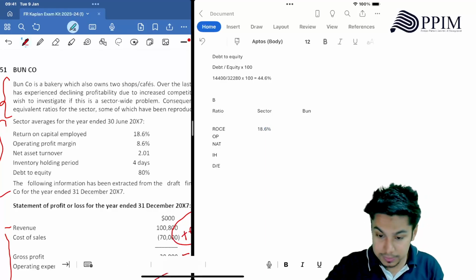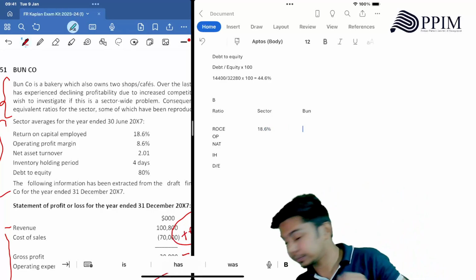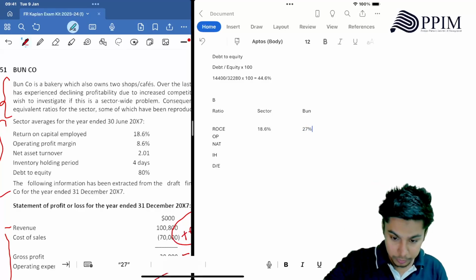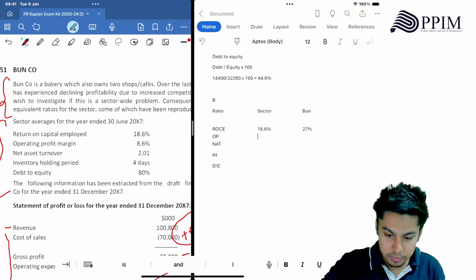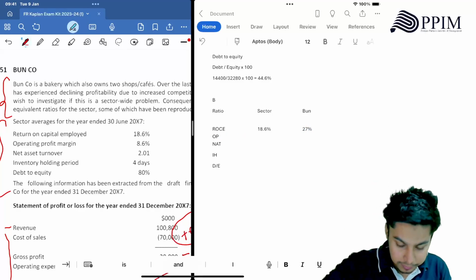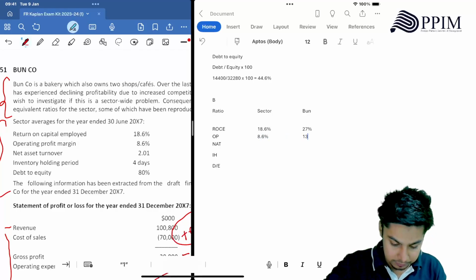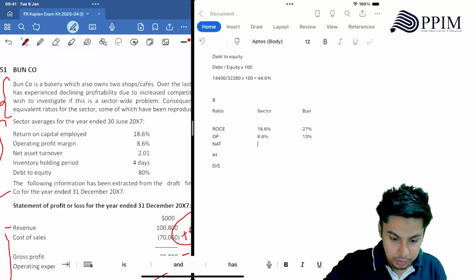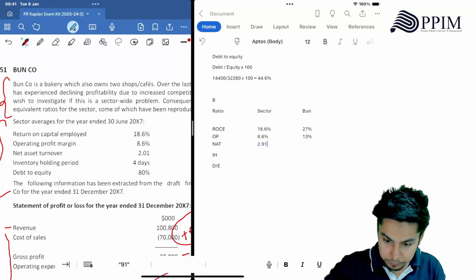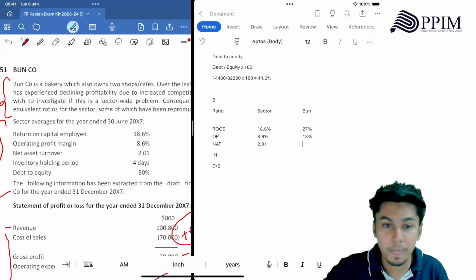How about us, guys? What is our ratio in that case? 27. Operating profit, guys, what's the answer? This is 8.6. Ours was how much, guys? 13. Net asset turnover, the sector is 2.01. How about us, guys?